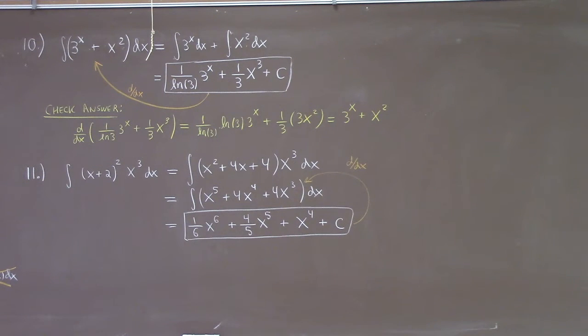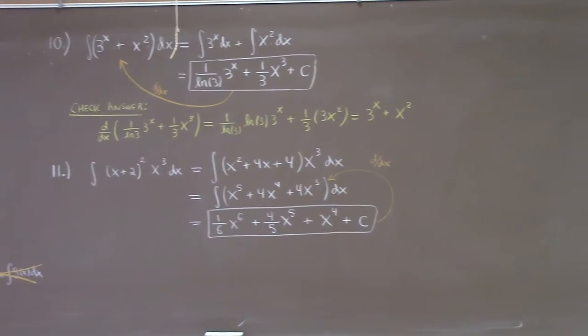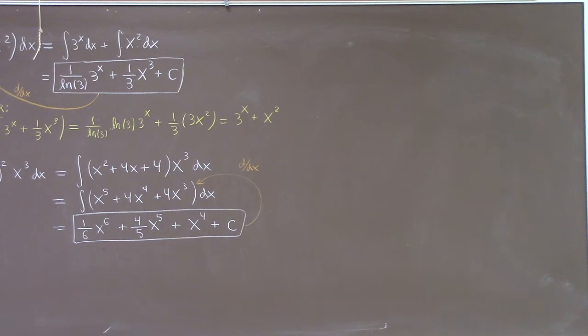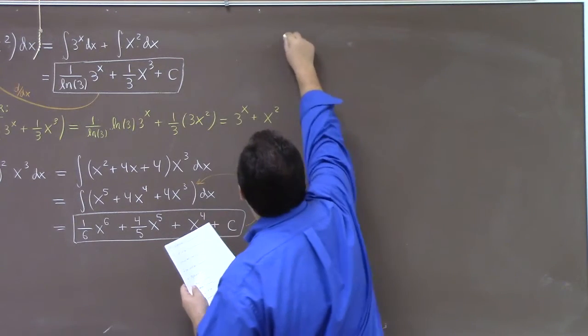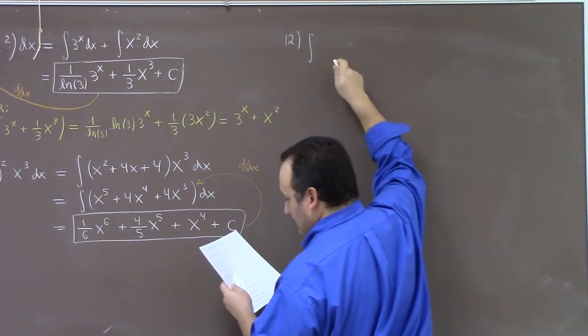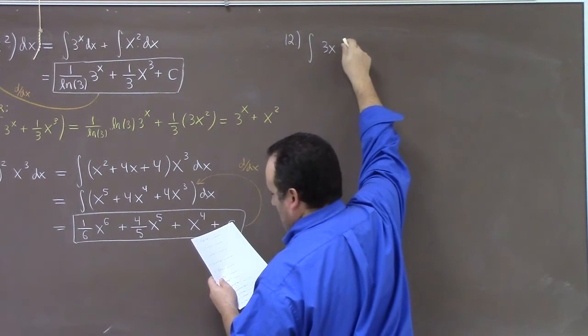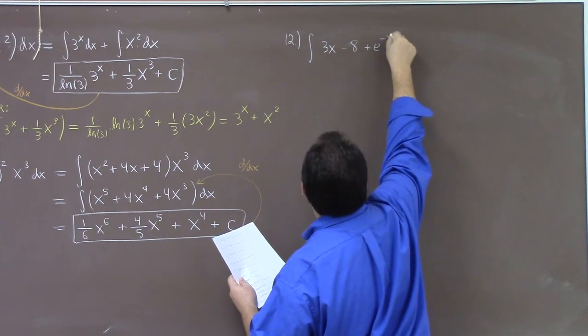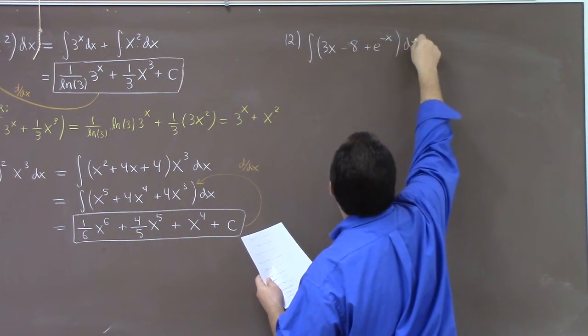Let's see here, so, number 12? We're integrating 3x minus 8 plus e to the minus x dx.